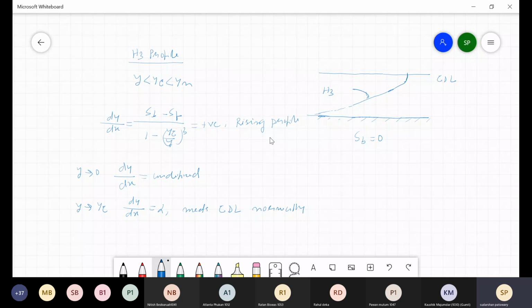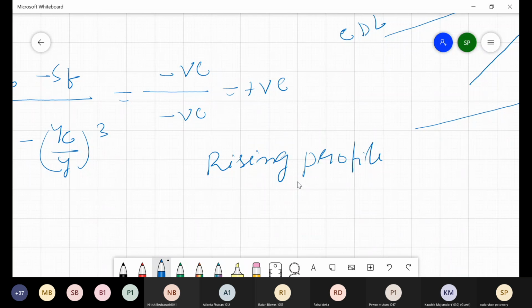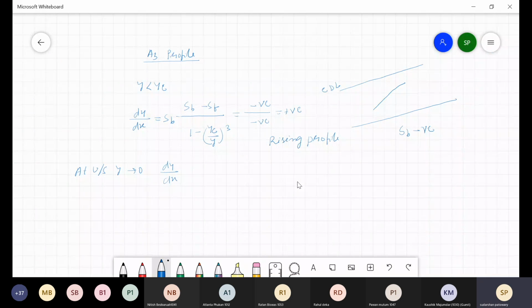So here also, now I will, sorry, H3. Here also at upstream, it is undefined, so it will be a dotted line.